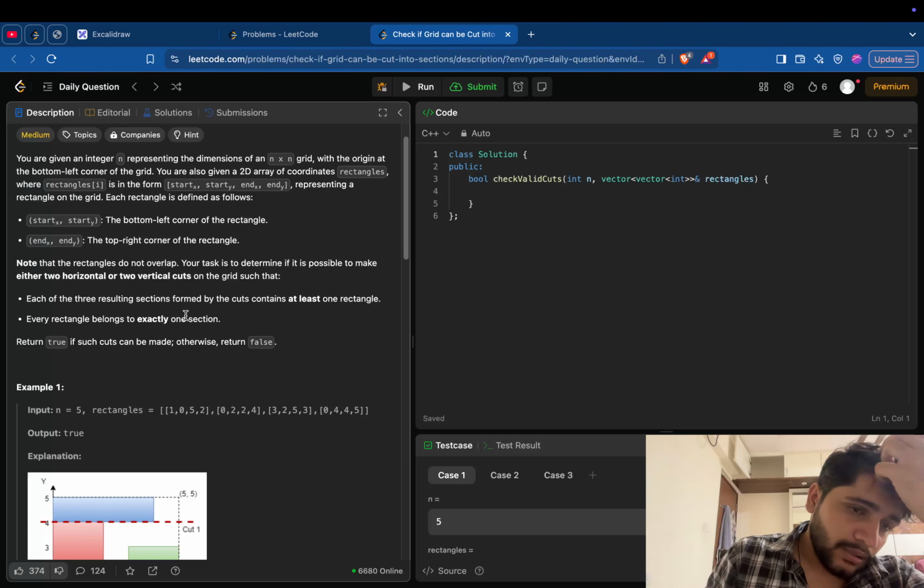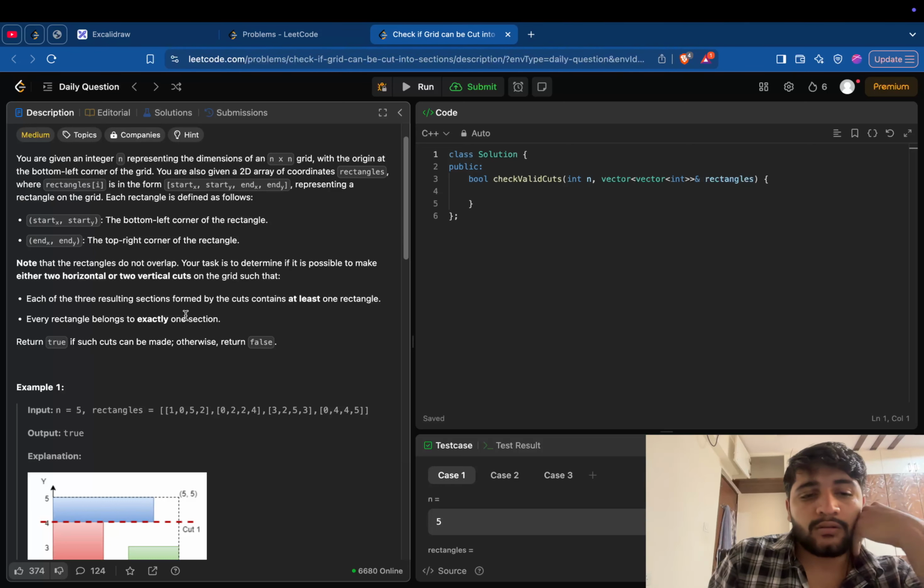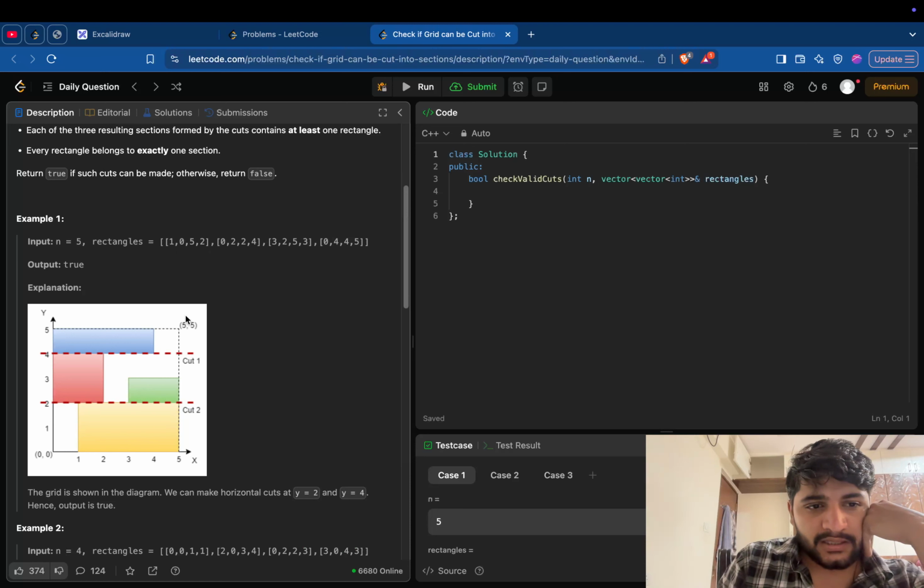Return true if it can be cut or not. In this example, these four are the rectangles, and we can make the cuts along the x-axis, these two cuts, so that no rectangle is a part of more than one section, and each section contains at least one rectangle.